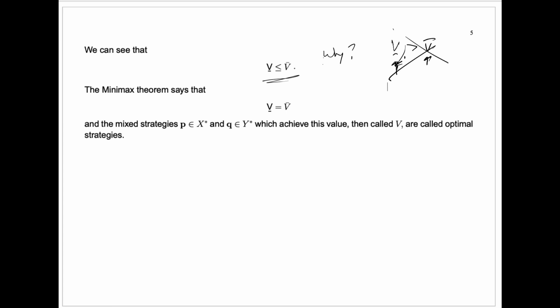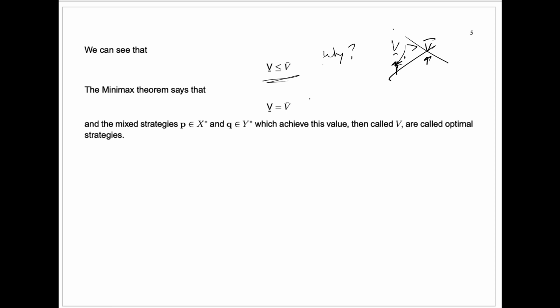Going back to what we talked about in part 2, the stuff about two-player zero-sum games, we have the minimax theorem, which says that V lower bar is less than or equal to V upper bar, but in fact, for a finite game, the two are exactly equal. This number V lower bar will be exactly the same as the number V upper bar. And what does that mean?